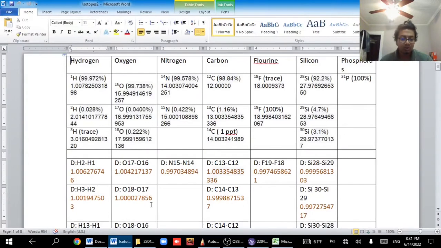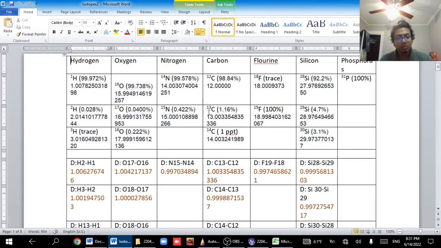Here you can see 1.0033. You can disregard the fourth digit because it is not so significant and might go up and down. So I got 1.0037, but the carbon-13 difference is 1.0033, so I can take that into consideration.